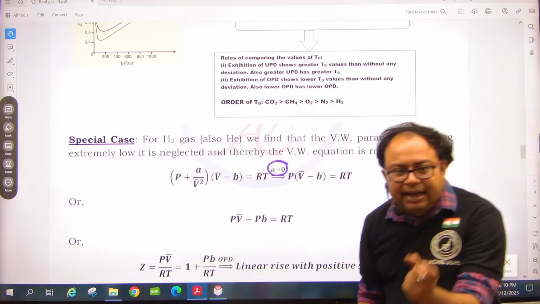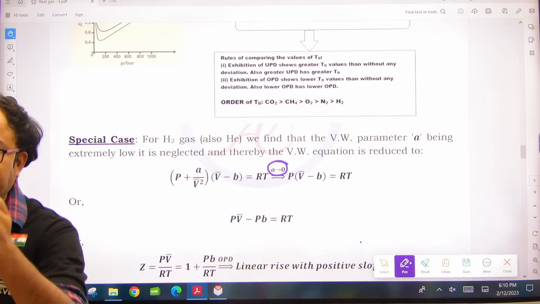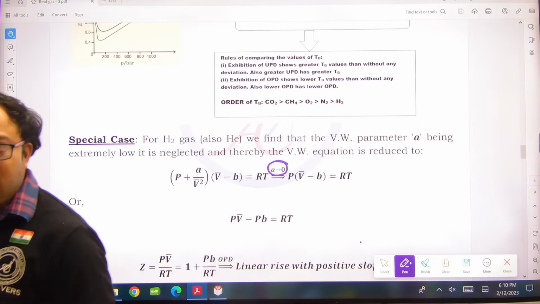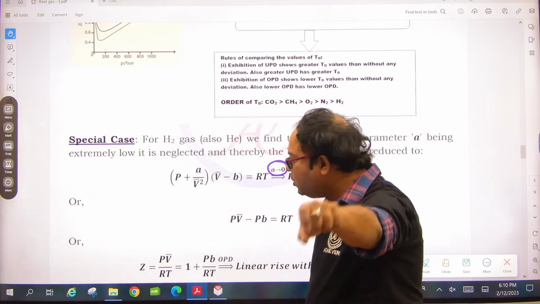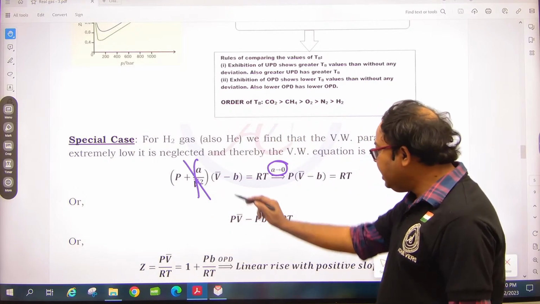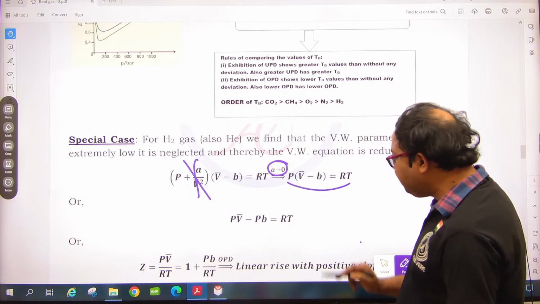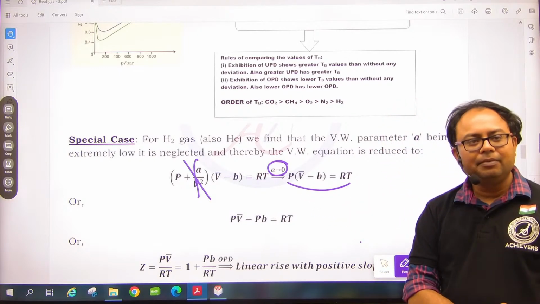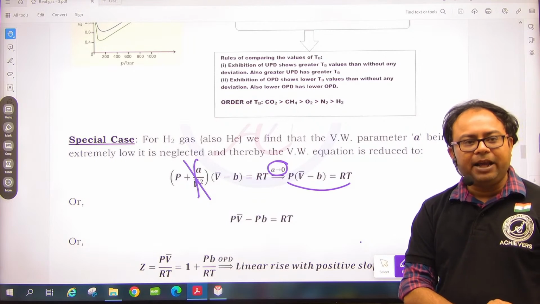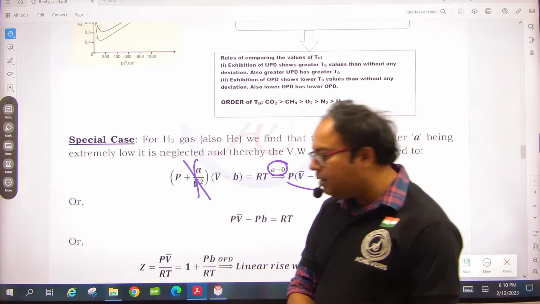The characteristic van der Waals constant a is tending to 0. So if a is tending to 0, then this part is missing, and the equation simply turns out to be P multiplied by (V bar minus b) equals RT. So this becomes the equation of state for hydrogen and helium.